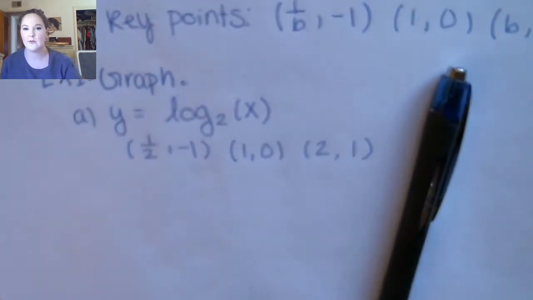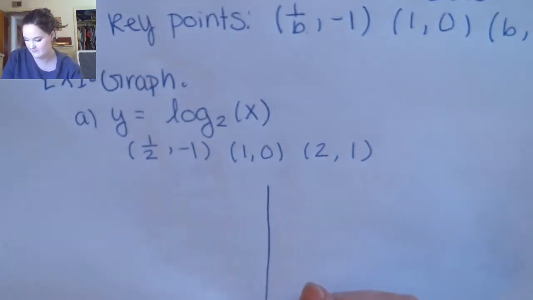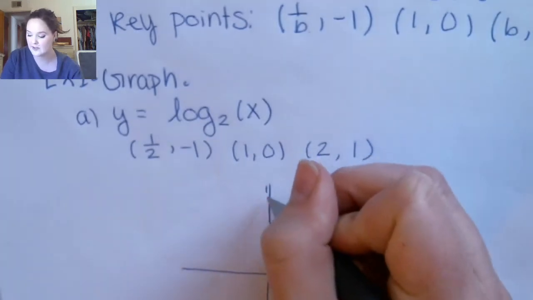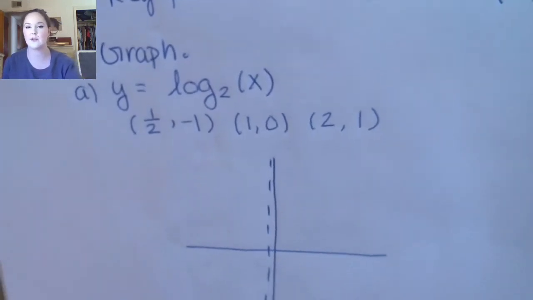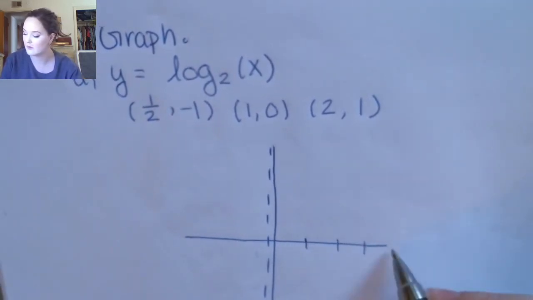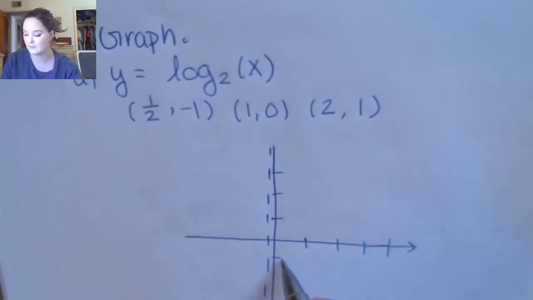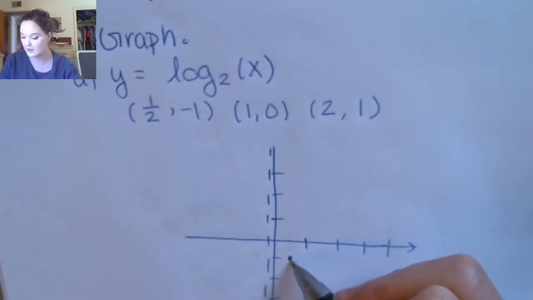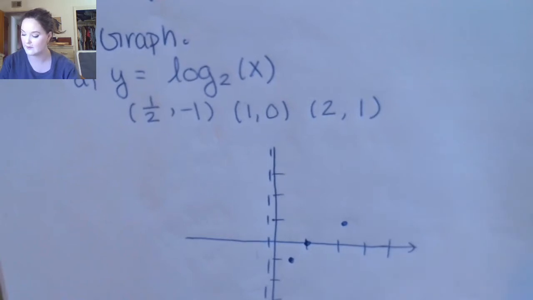So now we're going to use that to draw our graph. Now I know you guys haven't seen the shape of these before, so I'll show you what the shape looks like, but we are going to draw our key points. So 1/2, negative 1; 1, 0; and 2, 1.